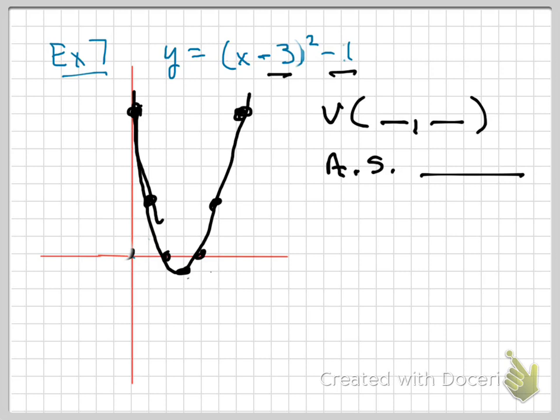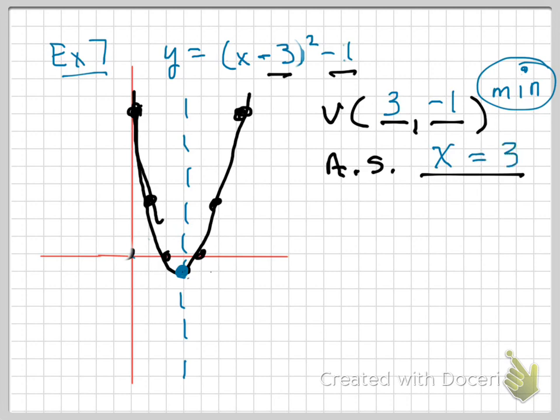So my vertex is this special point right here. That vertex is at the point (3, -1), and it is a minimum value. That's the lowest point on the graph. It would be a minimum, not a maximum. The axis of symmetry is the vertical line that cuts through the vertex. It's a fold line that allows you to fold it over itself. And that vertical line crosses the x-axis at 3. So x equals 3.